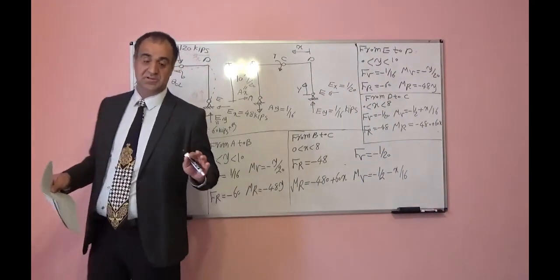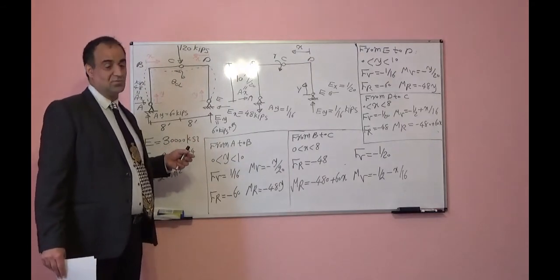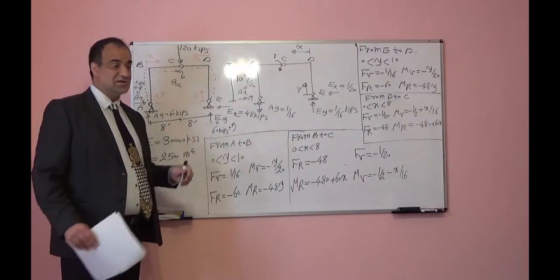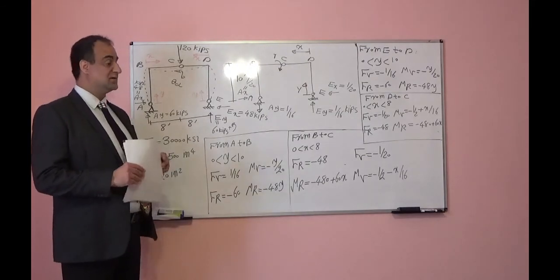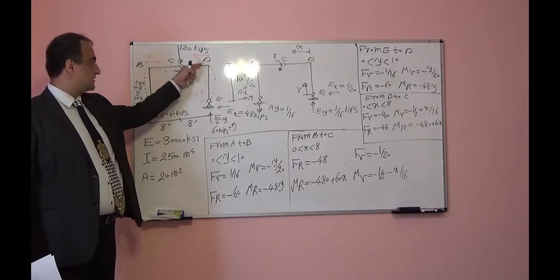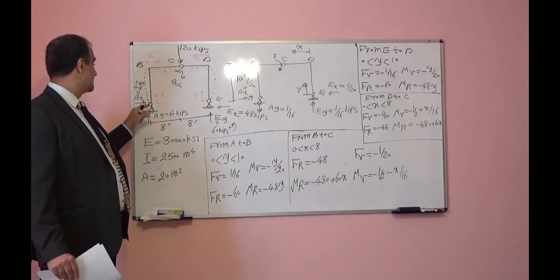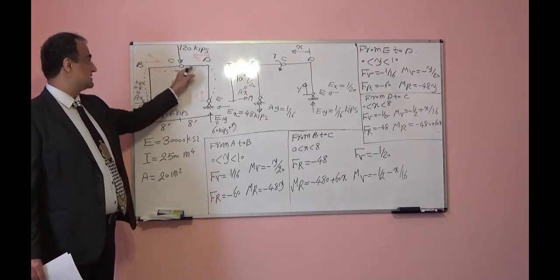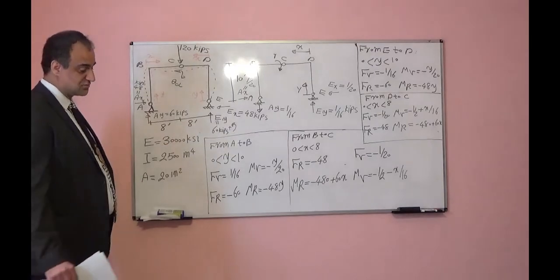Here pay attention, because we have axial force and bending moment. Deformation will have two parts. Deformation for axial, deformation in AB part, BC part, CD part, DE part. Deformation because of the bending moment in AB part, BC part, CD part, ED part. We should add all those together.